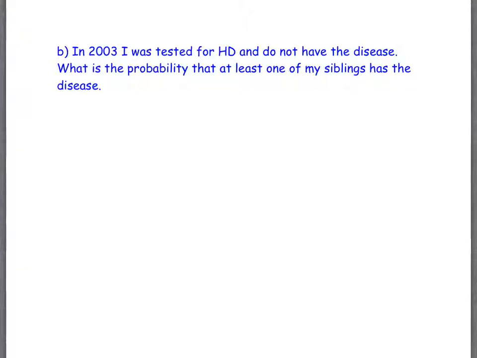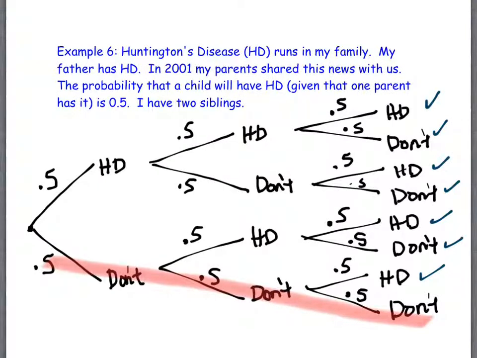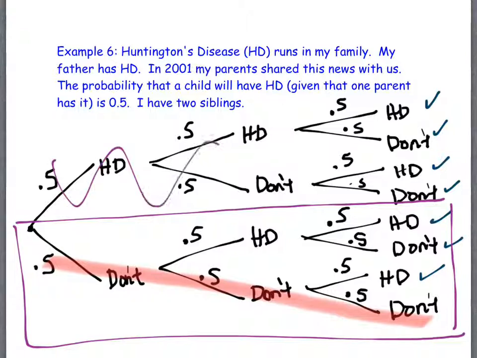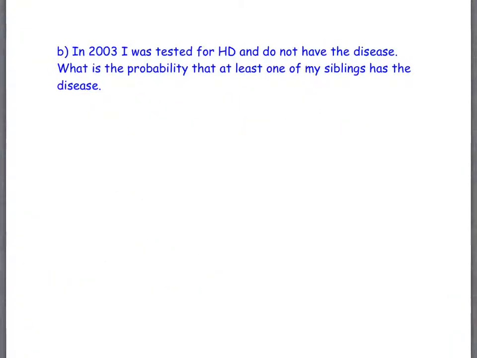So I don't have Huntington's, which means that this diagram over here that we created is in this piece of it. We're down here. Because I don't have it, which means this branch doesn't even apply anymore up here. So if we take a look at the next question, don't scratch yours out, please. I just scratched mine out. Don't scratch it out. If you take a look at this next question, it wants to know about the probability of my siblings' situation, because at this point, neither of my siblings have been tested for Huntington's.